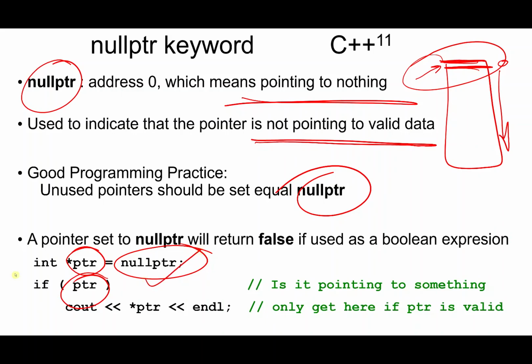If you change something in here and the pointer is now pointing at valid data, it's going to dereference that data inside, right? So nullptr, if used in a Boolean expression, gives you false. It's good information to know.